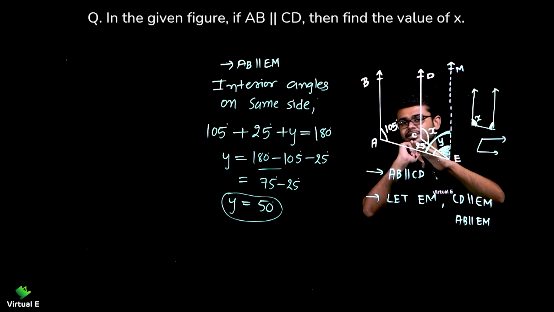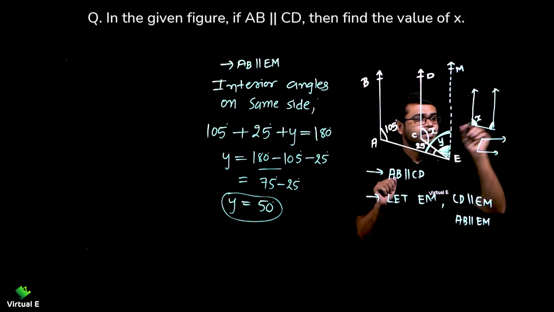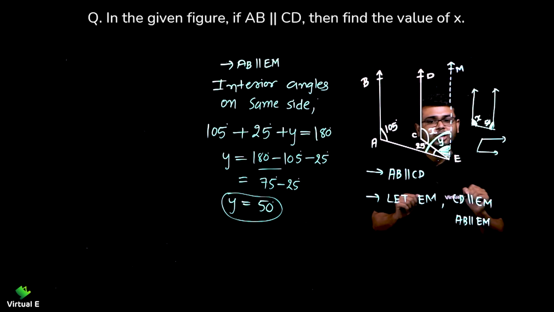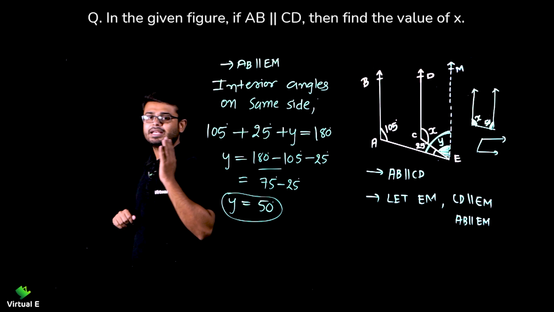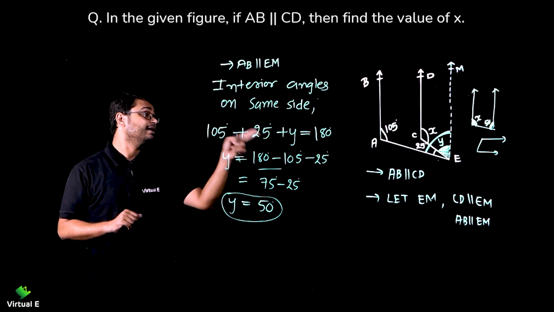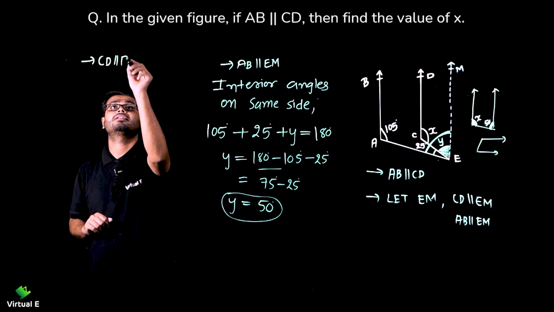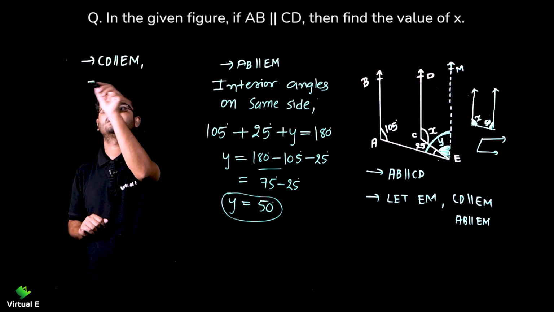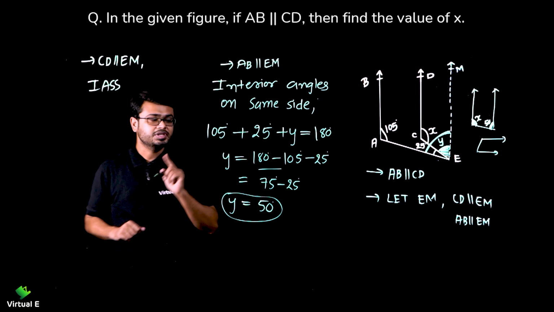There are only two angles which are touching line C: one is X, another is Y. The value of Y is 50 degrees, and this is X. If we talk about IASS, I will be adding them and getting 180 degrees. So let's write CD parallel to EM and IASS, interior angles on same side.